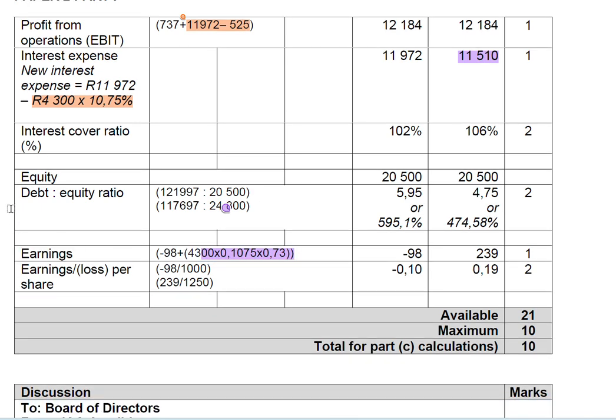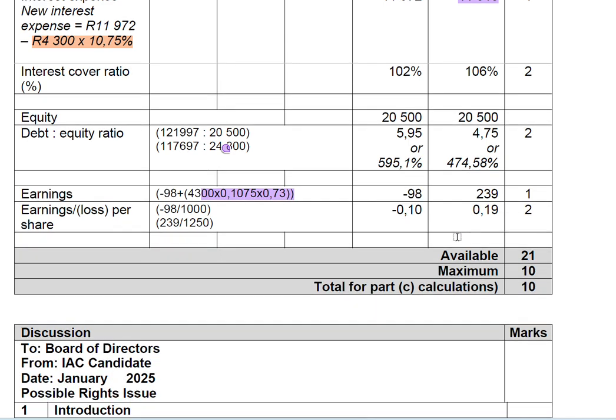The other one we can calculate is the debt to equity ratio. If you're looking at the debt to equity ratio, the equity will stay the same, but the debt will differ. We already have the amounts for the debt. What we see here is improvement as well. And if you're looking at the earnings, what will happen?